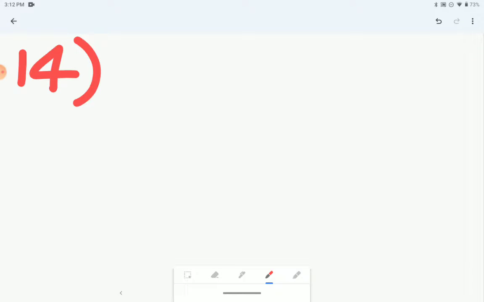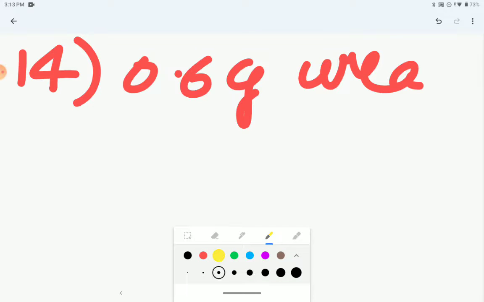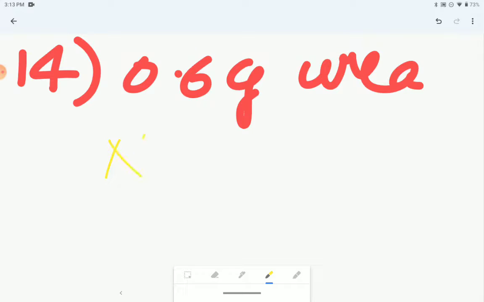The 14th question is: 0.6 grams of urea. Does everybody know urea's symbol or formula? Urea's formula is NH2CONH2, right? It's written as NH2CONH2.